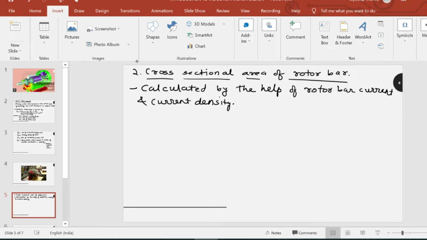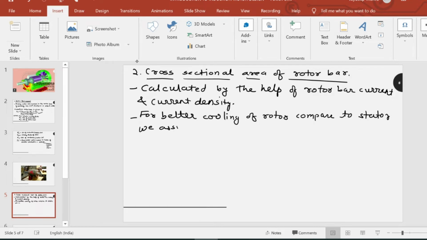A higher current density will lead to a reduced sectional area, hence increased resistance and rotor copper losses, and reduced efficiency. So for better cooling of the rotor compared to the stator, we assume higher current density.